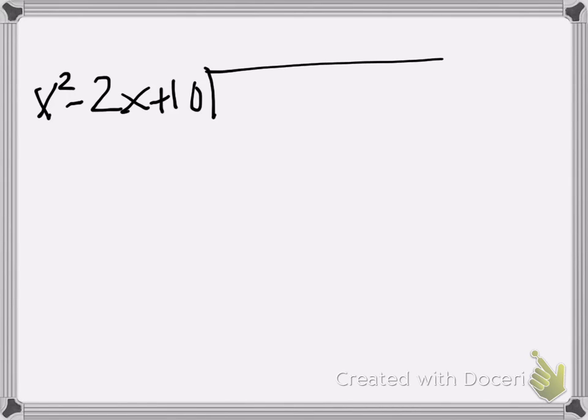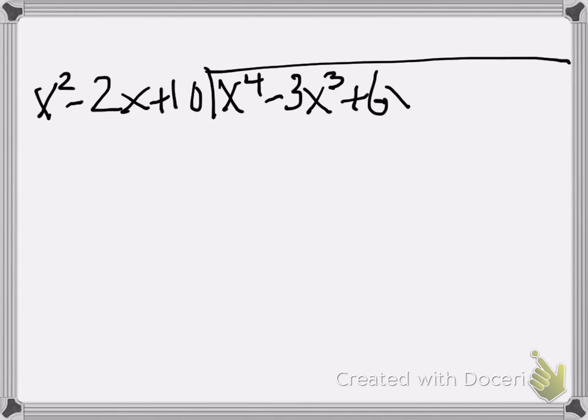So what we're going to do is use our x squared minus 2x plus 10 right out here. And inside this long division bar, I'm going to put that long original polynomial, x to the 4th minus 3x cubed plus 6x squared plus 2x minus 60.